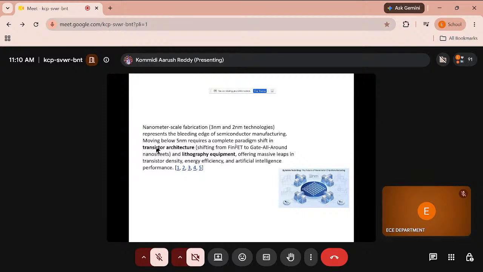Moving below 5 nanometer, the transistors are a little bit different from the earlier ones. It provides massive steps in transistor density, energy efficiency, and artificial intelligence performance. So these different technologies are involved in designing and fabricating semiconductors on silicon.